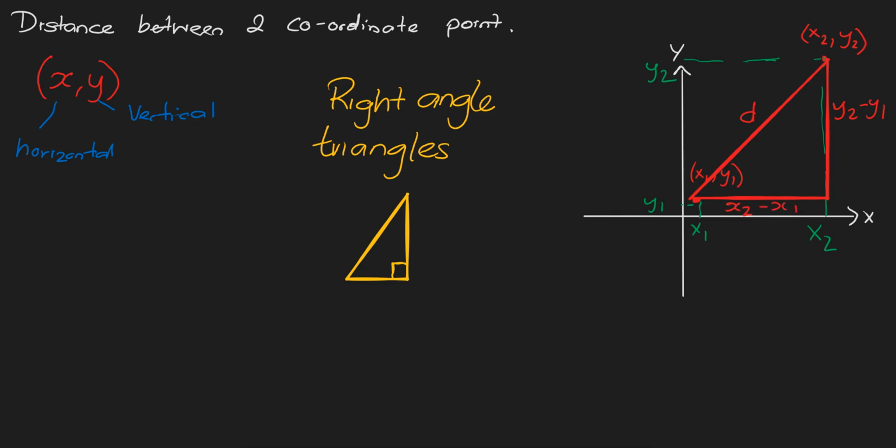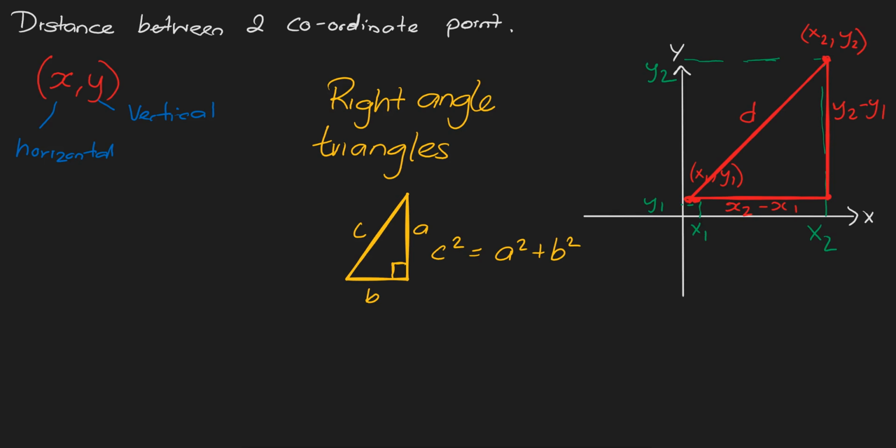Obviously we use the Pythagoras formula, which is c squared equals a squared plus b squared. So this is a, this is b, this is c. We'll substitute what we have in this triangle into this formula.